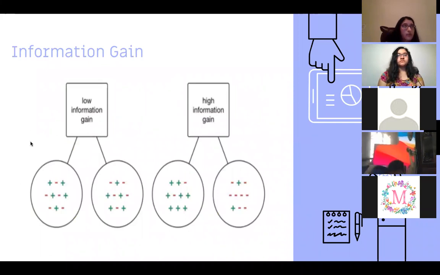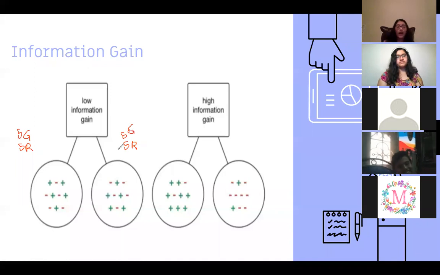I'll label the green ones with the letter G. So we have 5G here, and we have 5R, which is red, here. Here we have the same exact thing: 5G and 5R.